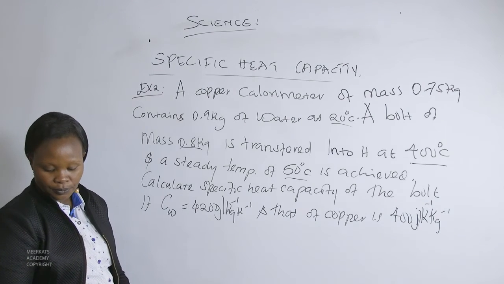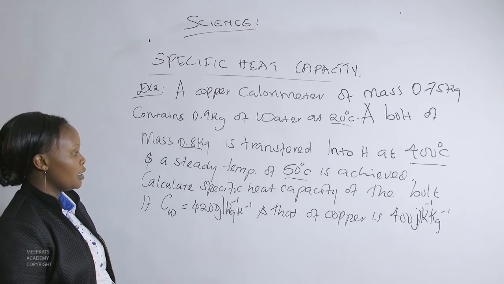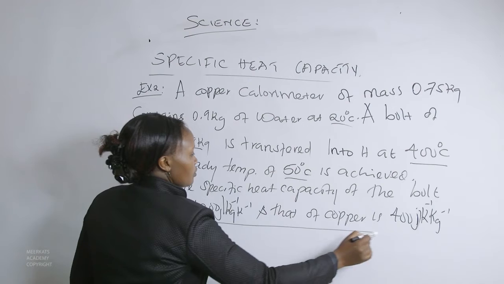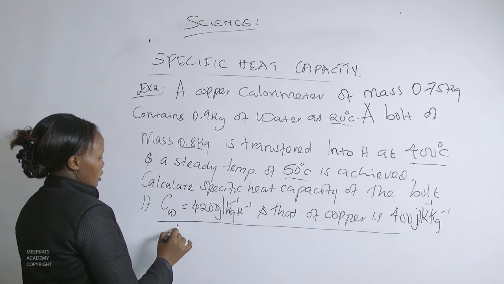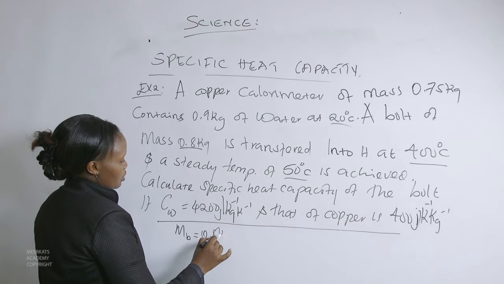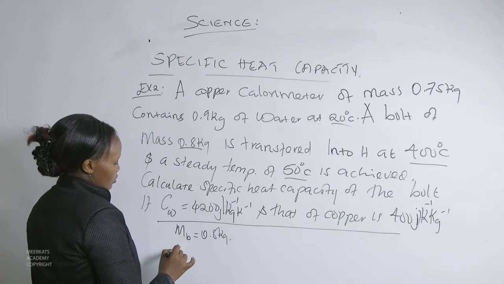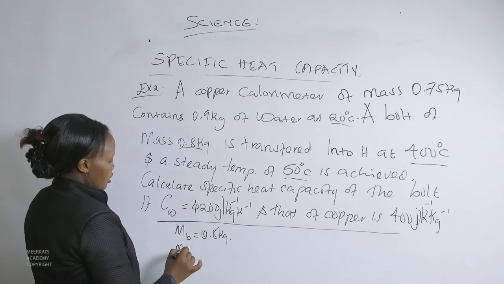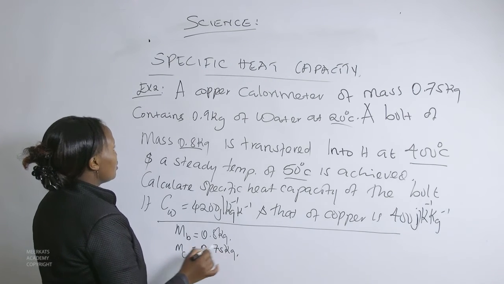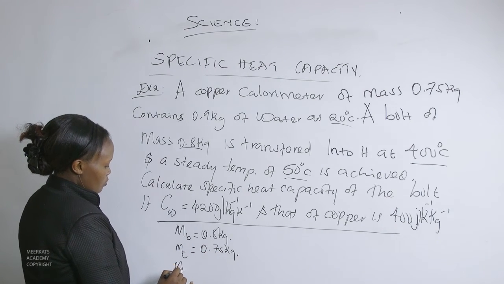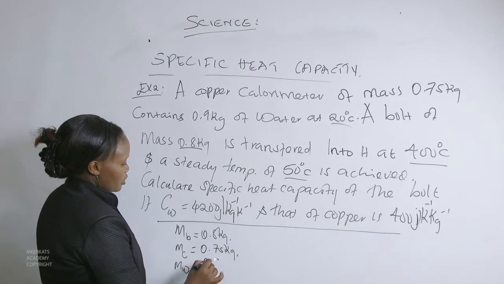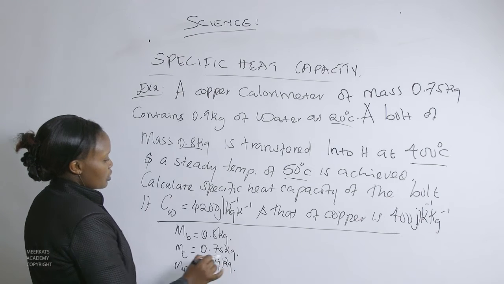Now, again, let us look at what we have. For the masses, mass of the bolt is given as 0.8 kgs. Mass of the calorimeter is 0.75 kgs. Mass of the water is given as 0.9 kgs.